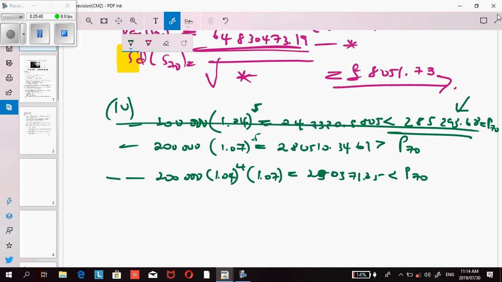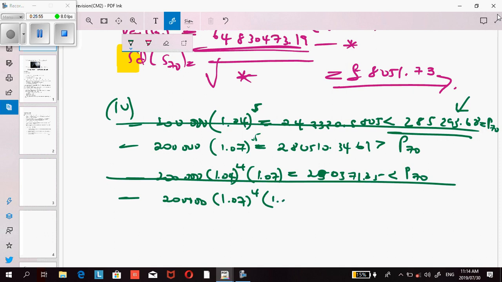So we don't want this combination. Another combination is to invest at 7% for 4 years and invest at 4% for the remaining year, and there you're going to get 272,645.5701, which is less than P70. We don't want this combination again because we want our value to be greater than the price of the annuity.